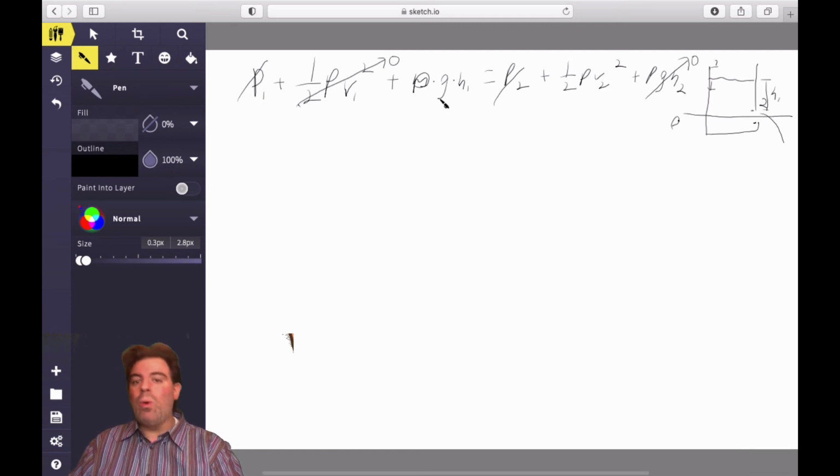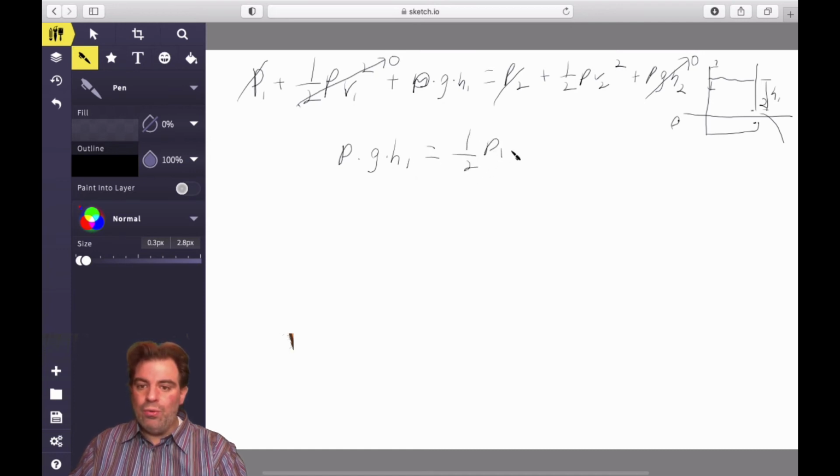So let's look at our equation now. What does it become? Our equation now becomes rho times g times h1 equals 1/2 rho v2 squared. So now it becomes an easy solve. As you can see, a lot of the terms have been canceled, so we can solve now for v squared. We multiply both sides by 2, and this cancels out.